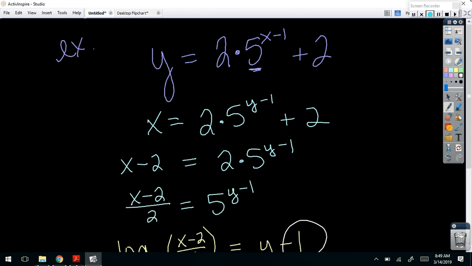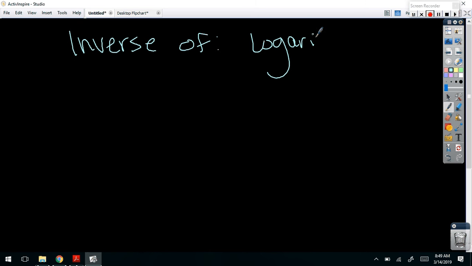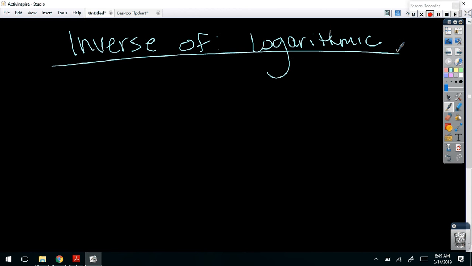Now we're also going to go backwards. We found the inverse of the exponential function, which is the logarithmic function, and now we're going to find the inverse of the logarithmic function, which is, guess what?